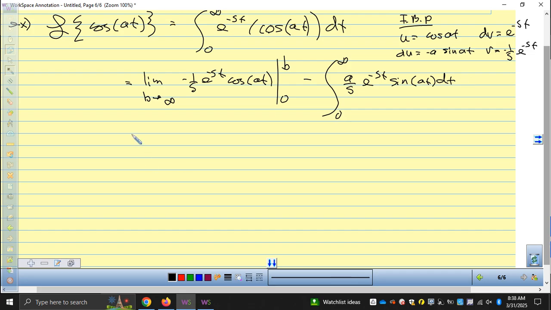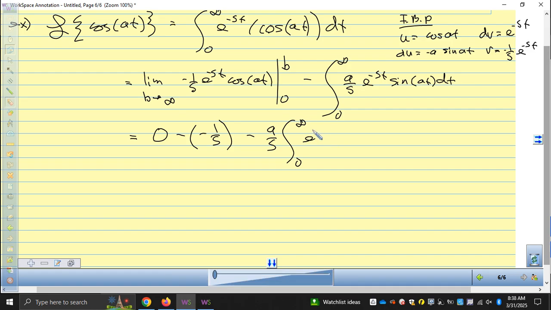Well, this comes out to be 0 at b, in the limit as b approaches infinity, if s is positive. This gives us 0 minus, we plug in 0, this becomes 1, this becomes 1, and we get a minus 1 over s, minus a over s times the integral from 0 to infinity of e to the minus st sine at dt.